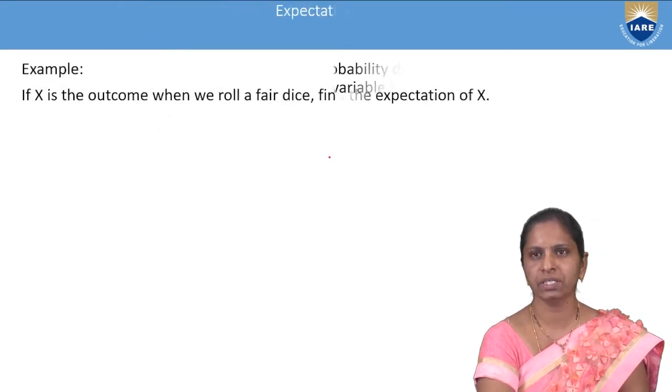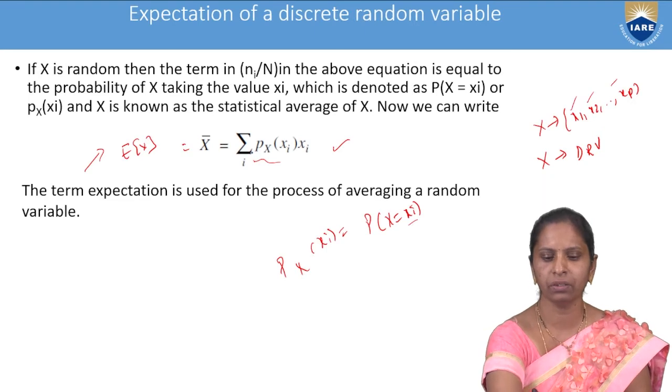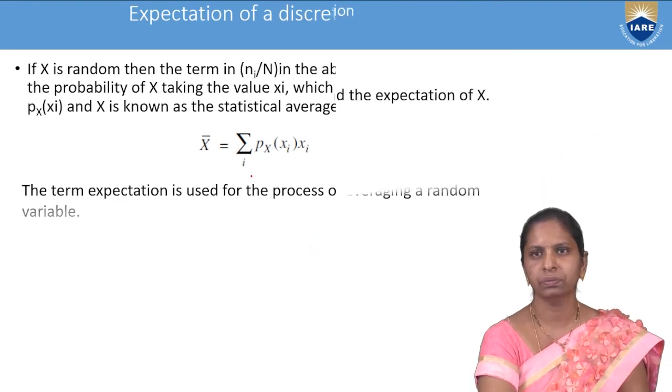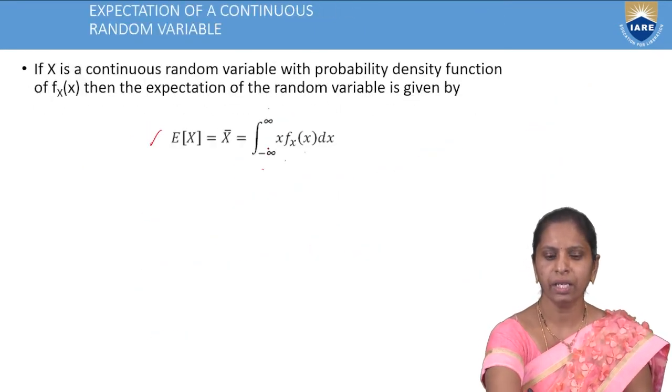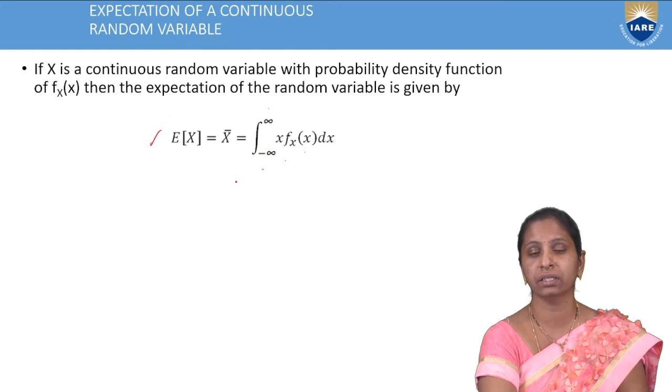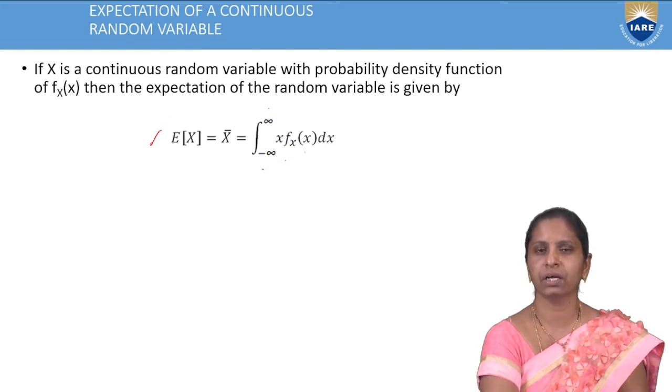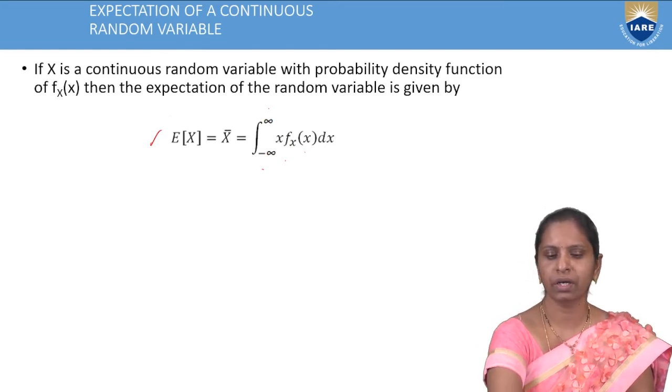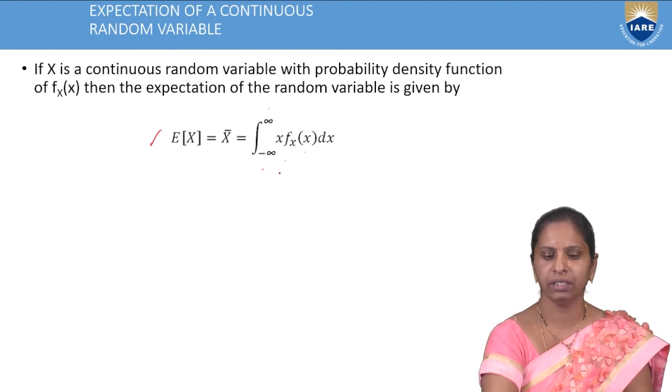So in case of a discrete random variable, what is the formula I got? Sigma. So for a continuous random variable, in place of sigma summation, I have to replace it by integration, because integration is nothing but summation for continuous variables. So I replace sigma by integration.